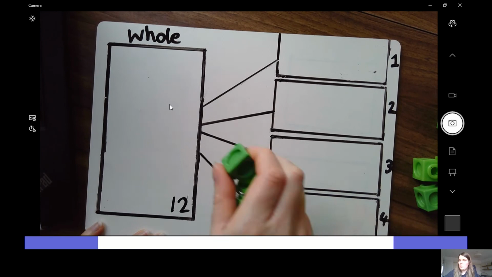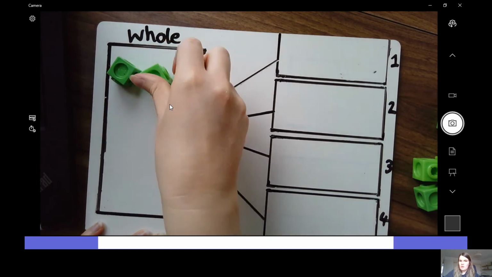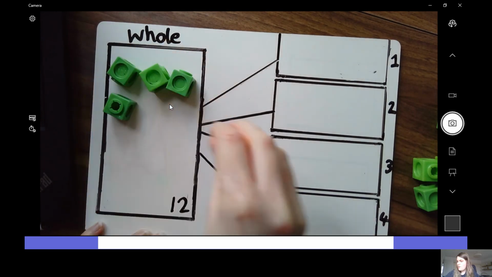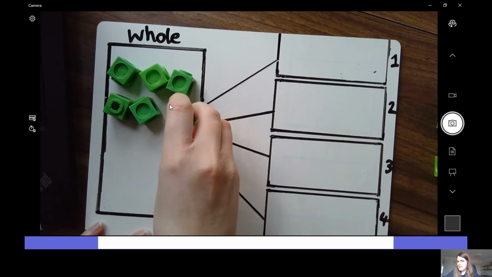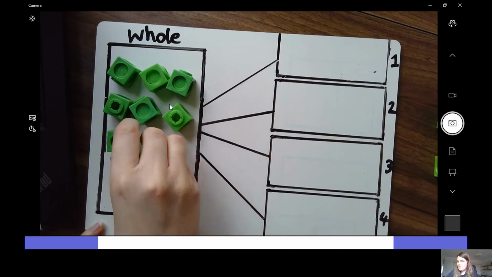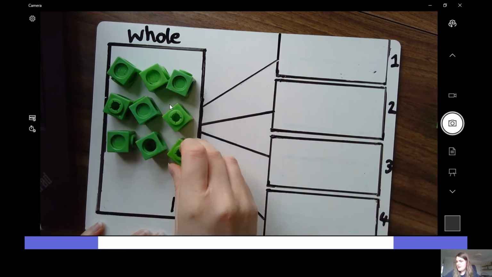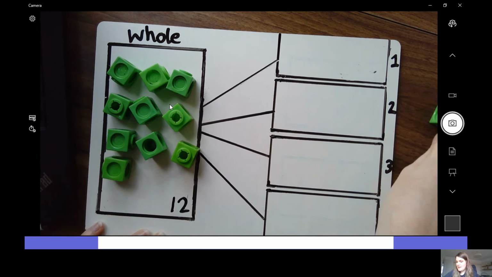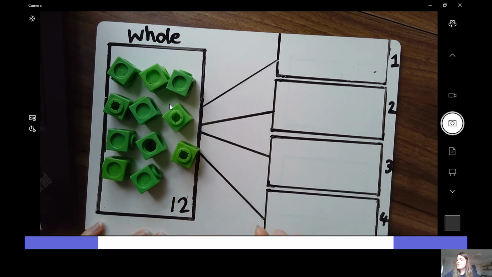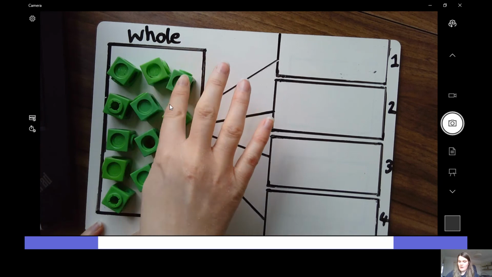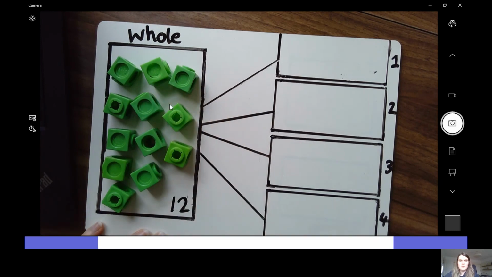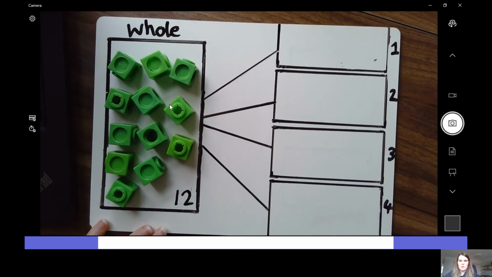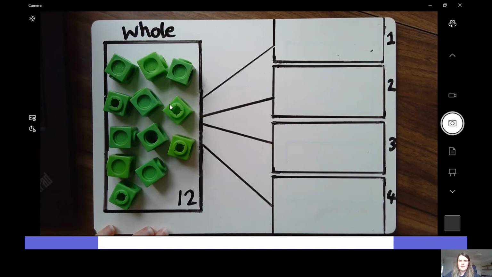Okay, counting with me. 1, 2, 3, 4, 5, 6, 7, 8, 9, 10, 11, 12. Well done. Oh, that's a lot of cubes. Have I got 12 cubes? Fantastic.